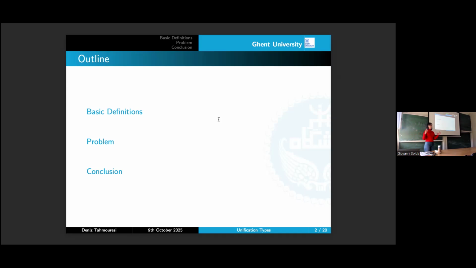For example, imagine you have a formula and you want to find values to substitute for the variables such that they make the whole formula a tautology. We have something similar in algebra, when we have equations and want to solve them and find the answers, but in logic. That's the big picture of what unification means.